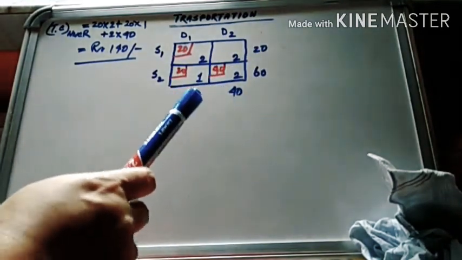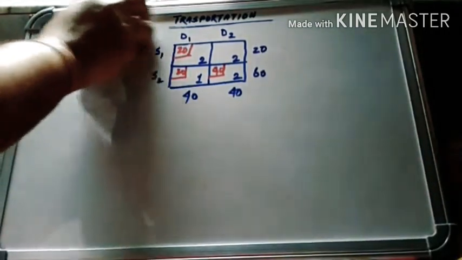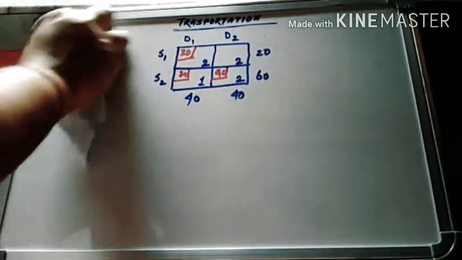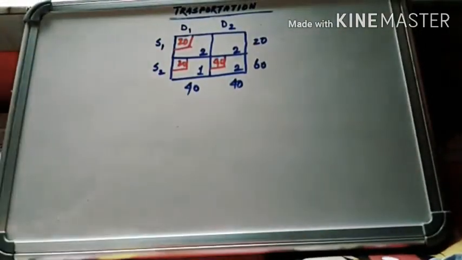In order to do that, we apply the UV method, sometimes known as the modified distribution method, or MODI method.